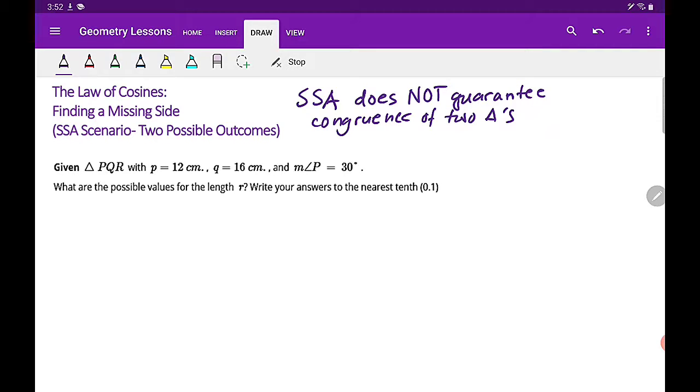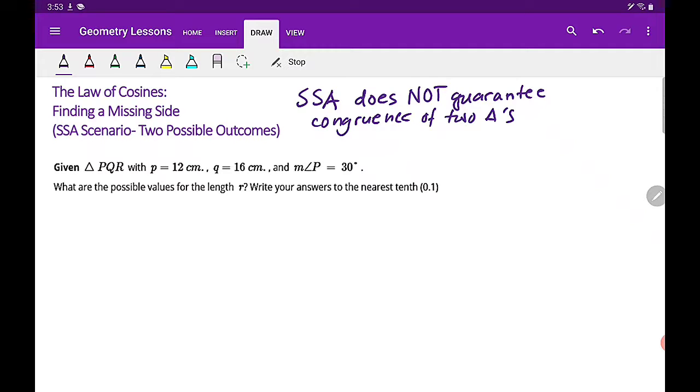What it means is that two triangles can have two pairs of congruent sides and one pair of congruent angles, but if the angles are not in between or not included in those two pairs of congruent sides, the two triangles are not necessarily congruent.